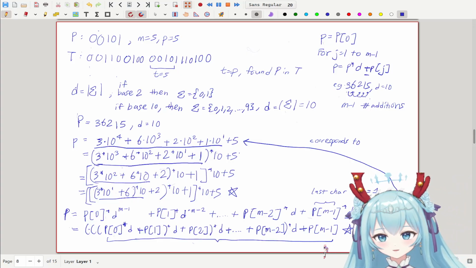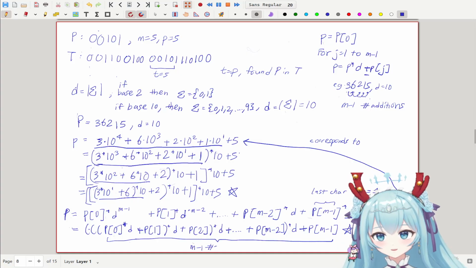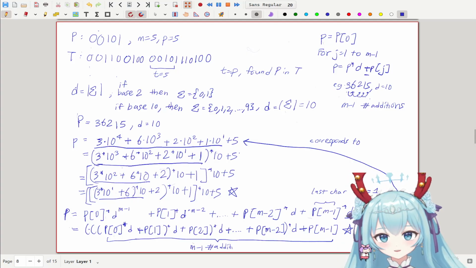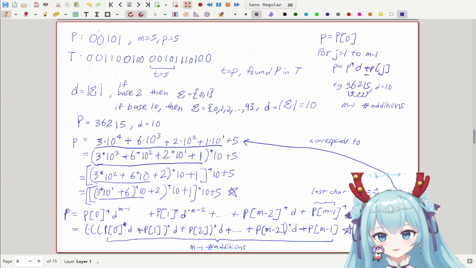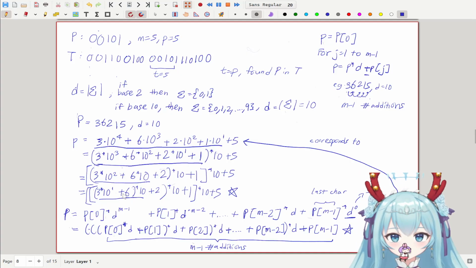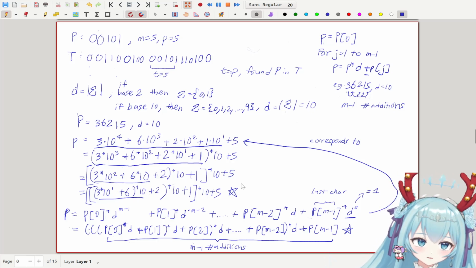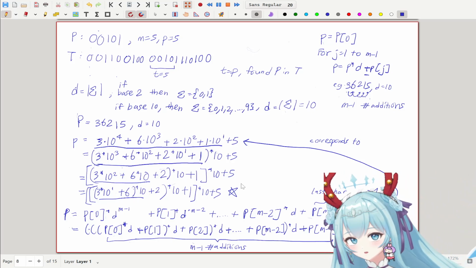So from here we can see that there are m minus 1 number of additions. You can still refer to the example over here. You see there's 1 here, 2, 3, 4. 4 additions when n is equal to 5, which is correct.